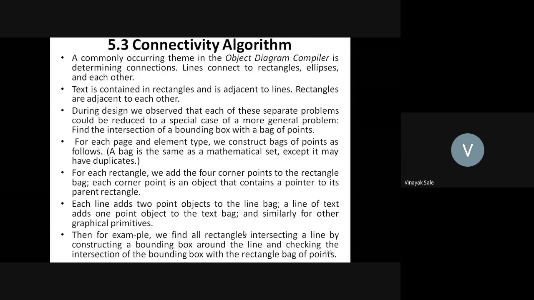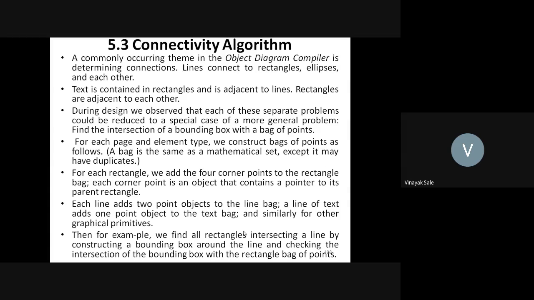Then third, connectivity algorithm. A commonly occurring theme in the object diagram compiler is determining connections. Lines connect to rectangles, ellipses, and each other. Text is contained in rectangles and adjacent to the lines.